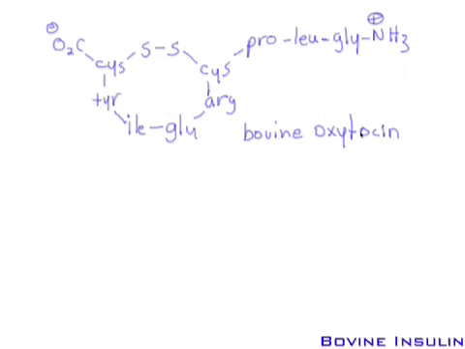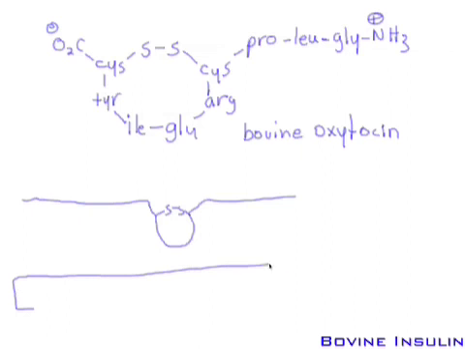In your notes, I have drawn the structure of bovine insulin. In the case of bovine insulin, you not only have one long peptide, which has a loop through a disulfide bridge, but you also have a very long other peptide, and there are cross-links between these chains.